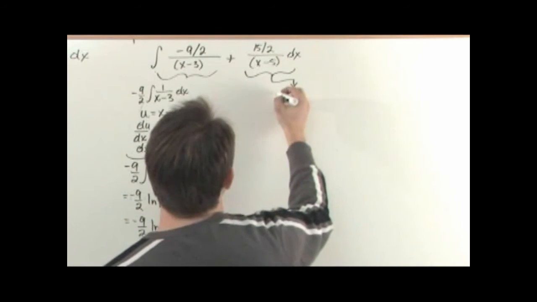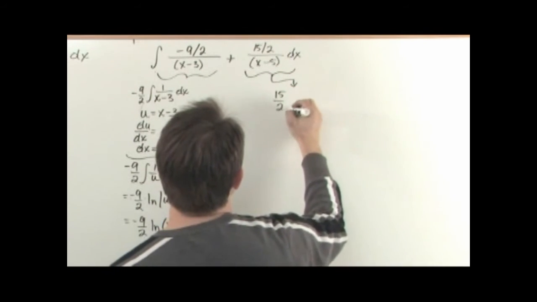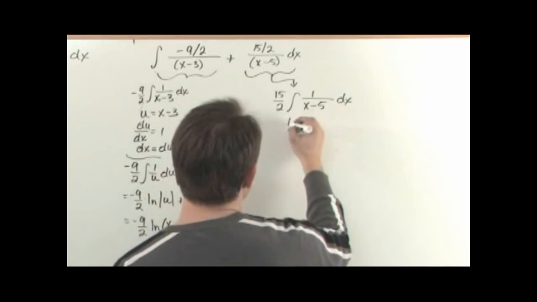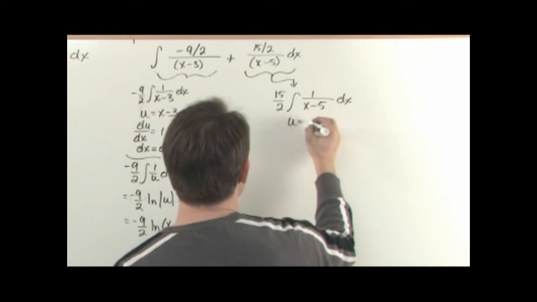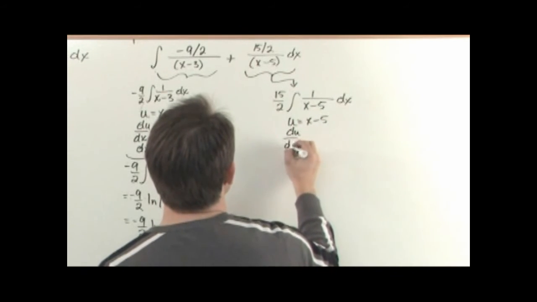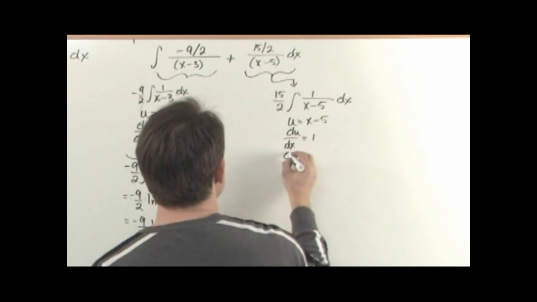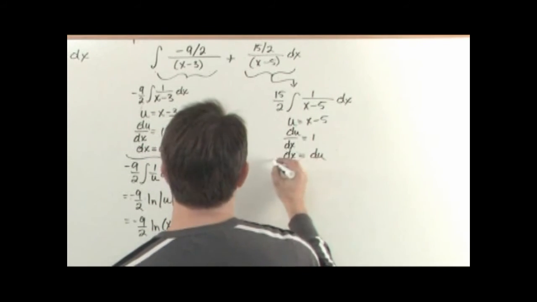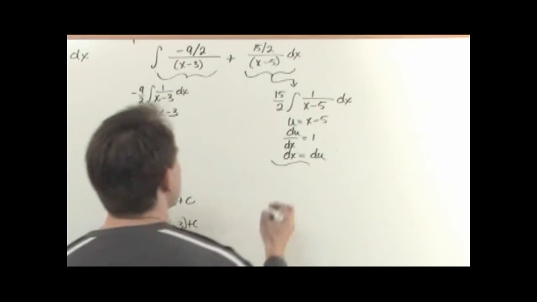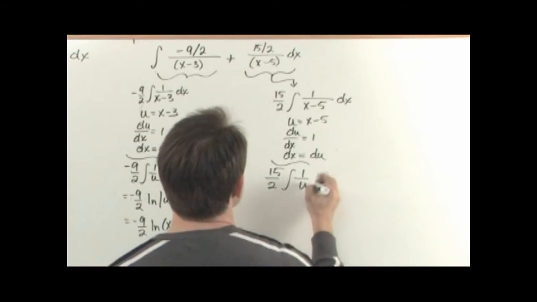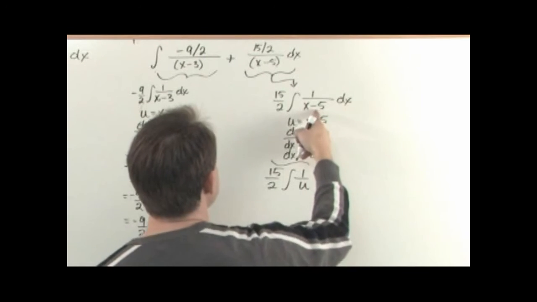I'm going to have 15 halves times the integral of 1 over x minus 5 dx. That's the integral I'm working on, and it's kind of boring, but I'm going to do the same thing. u is equal to x minus 5, du/dx is equal to 1, and then dx, which is what I'll need for the substitution, is equal to du. Now I can do the substitution. 15 halves times the integral of 1 over u du, because in this case u is x minus 5.